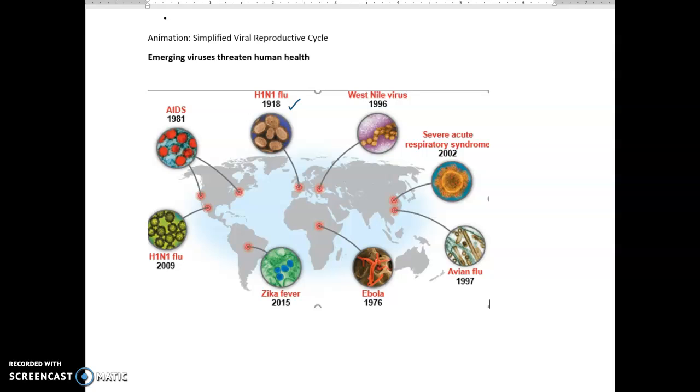A lot of people have compared our current flu outbreak with this one. There was a major problem not too long ago with H1N1. AIDS is caused by a virus. Ebola, avian flu, and these others. So we want to pay attention to our viruses, how they work.